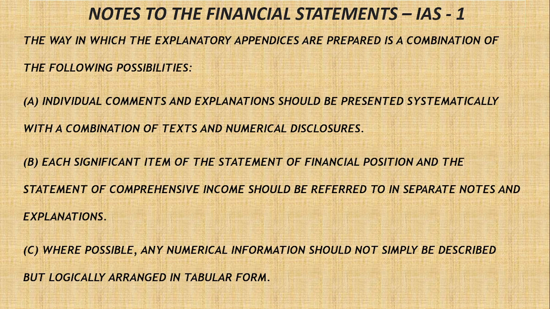A. Individual comments and explanations should be presented systematically with a combination of text and numerical disclosures. Here, both are important, text as well as numerical disclosures. Each significant item of the statement of financial position and the statement of comprehensive income should be referred to in separate notes and explanations. Wherever possible, any numerical information should not simply be described but logically arranged in a tabular form.